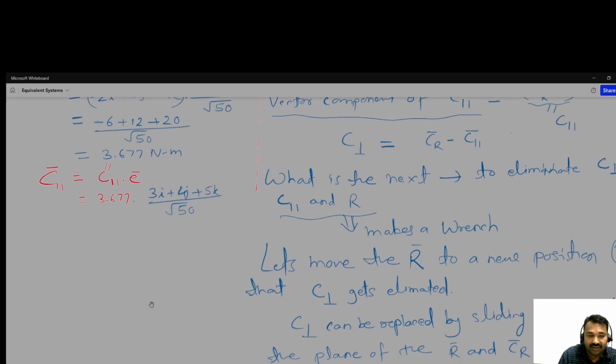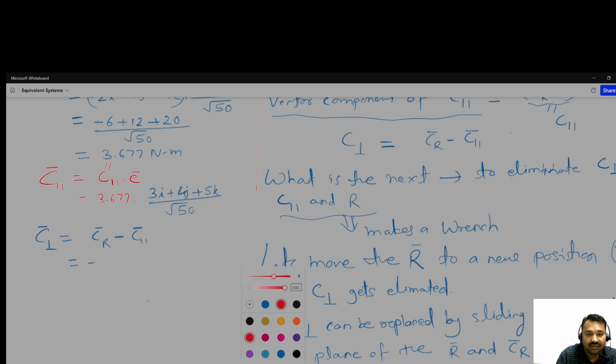Now what is the next? So next is to get C perpendicular in the vector form. So already we know the couple resultant, so from that we can subtract the parallel component of this resultant. Let us separate it to avoid any confusion.